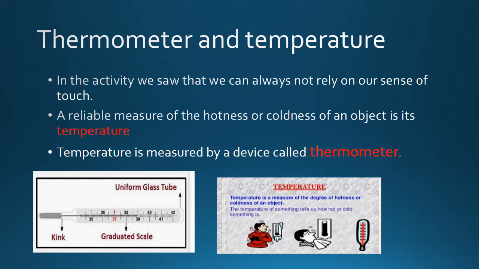A reliable measure of the hotness or coldness of an object is its temperature only. Temperature is measured by a device called a thermometer.